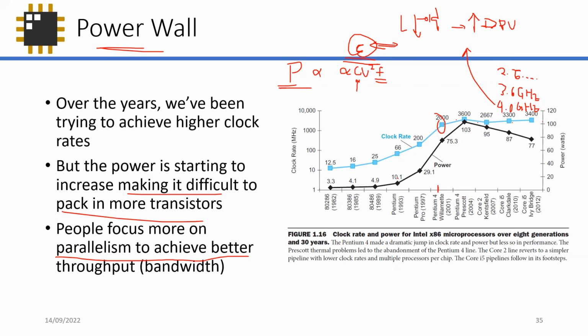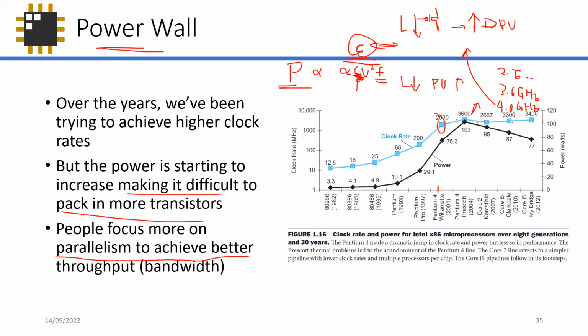This is what people do, instead of actually trying to achieve higher frequency, because that's much harder to do because of the heating and all those things. They say, why not make transistors smaller, make the length smaller, and then add more processing units, because at the end of the day, I get more processing units, I get more throughput, I can process more data, and if that happens, your capacitance is not really changing much.